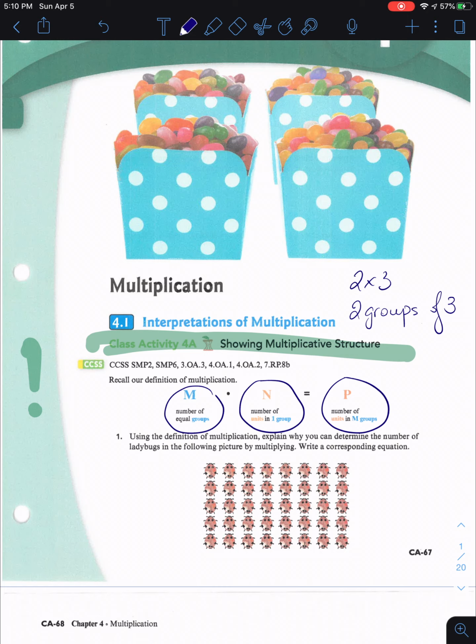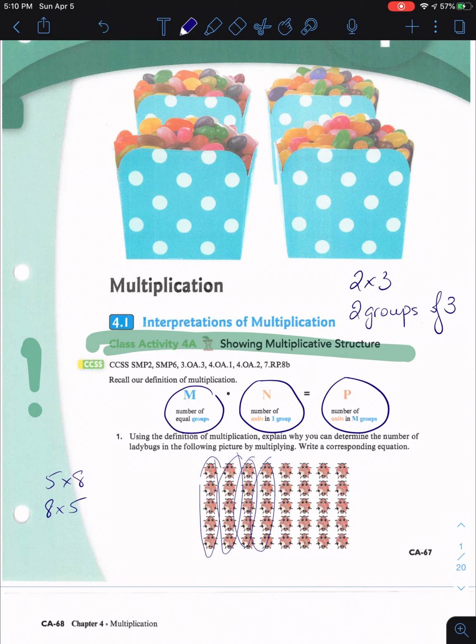Well, we could look at this as 5 groups of 8. So this could be 5 times 8. If we get rid of those, we could also see this as 8 groups of 5.